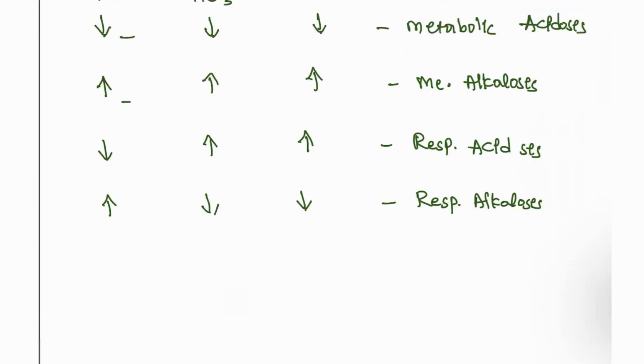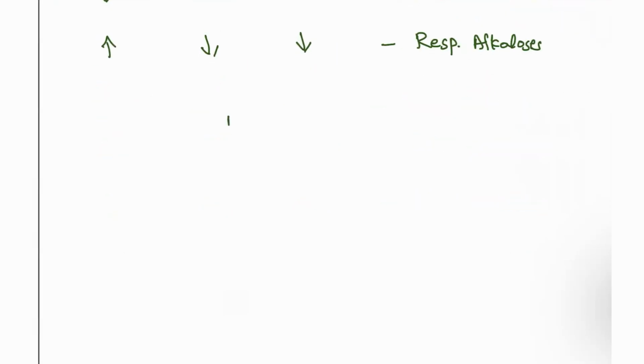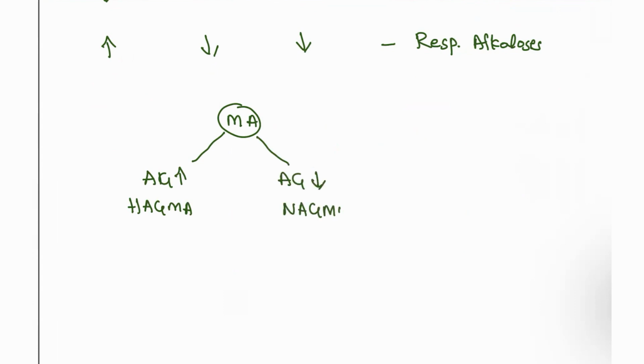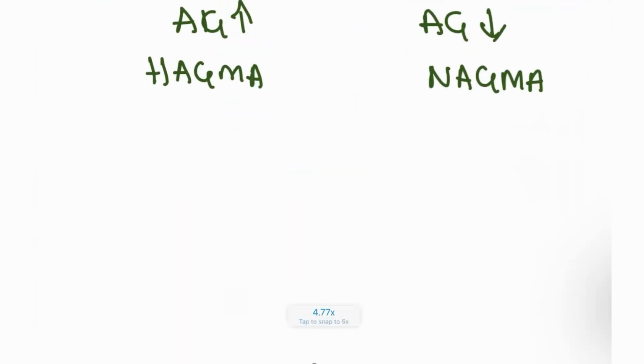Okay, we'll see what the causes are. First, metabolic acidosis is divided by the anion gap. If the anion gap is high, then it is known as HAGMA. If the anion gap is normal, then it will be NAGMA. What are the examples for HAGMA?